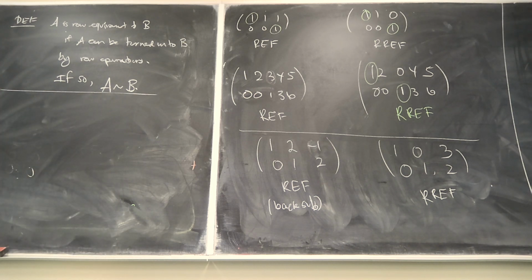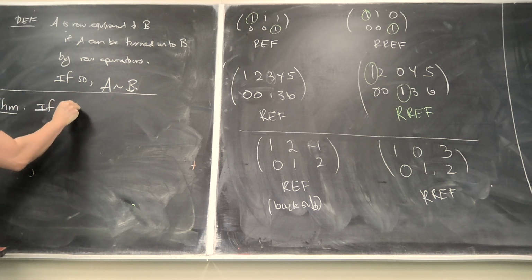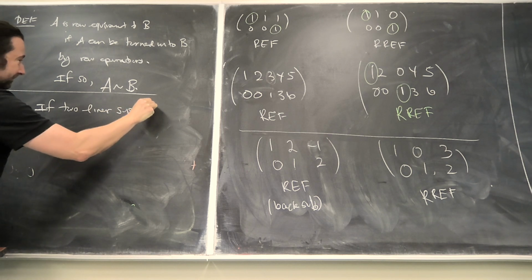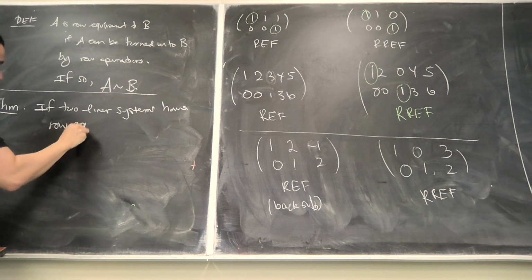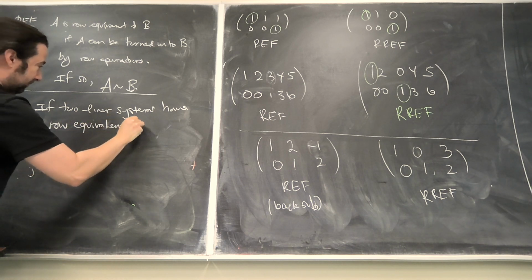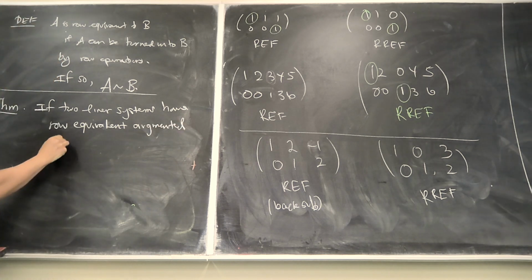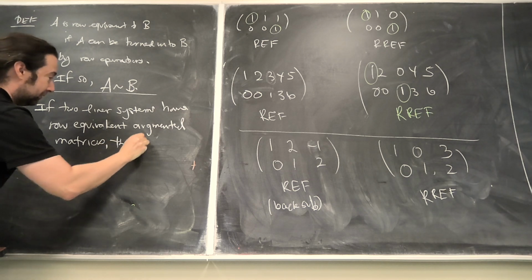Here's a theorem I should call Dimitri's theorem, which is, I promise I will come back and prove this when I know what an invertible matrix is. If two linear systems have row equivalent augmented matrices, they have the same solutions.